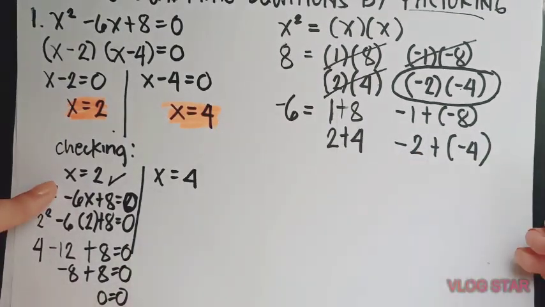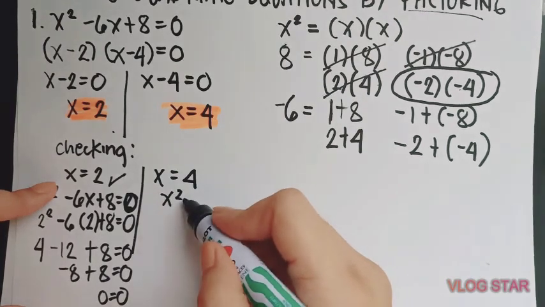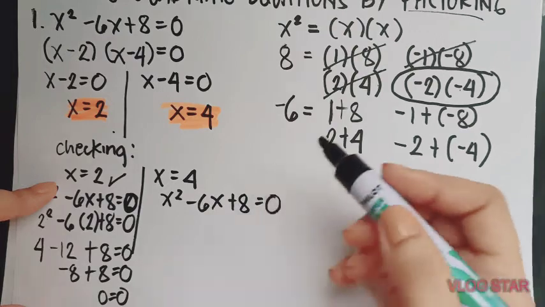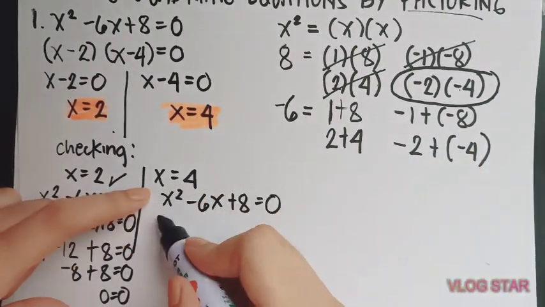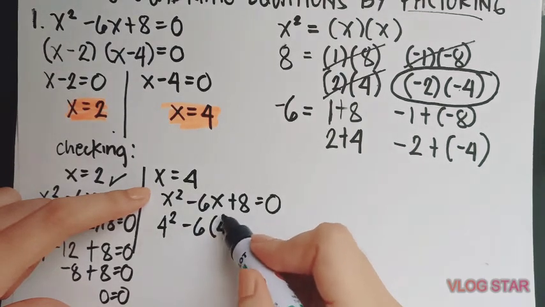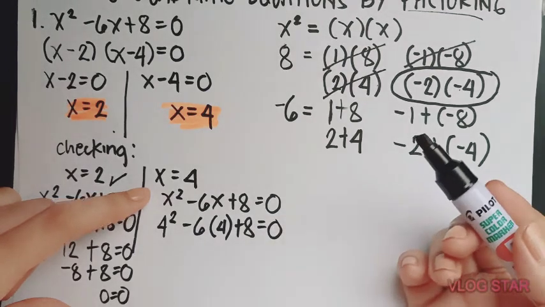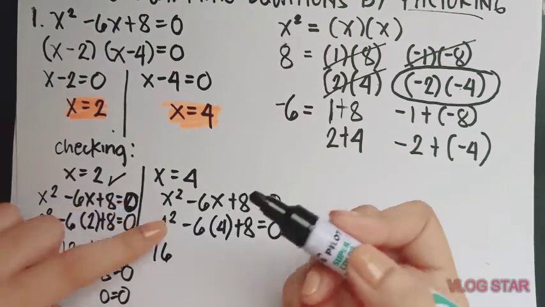What about x equals 4? Again, let us write the original equation, x squared minus 6x plus 8 equals 0. Then substitute 4 for x. So this will become 4 squared minus 6 times 4 plus 8. Is it equal to 0? 4 squared, or 4 times 4, that is 16.